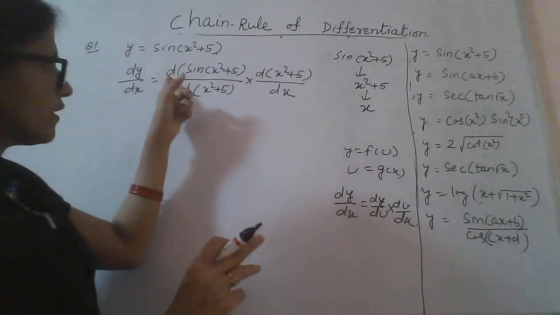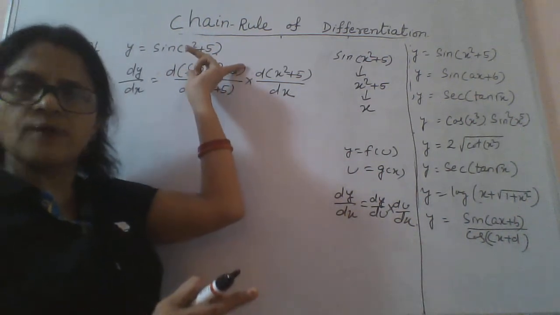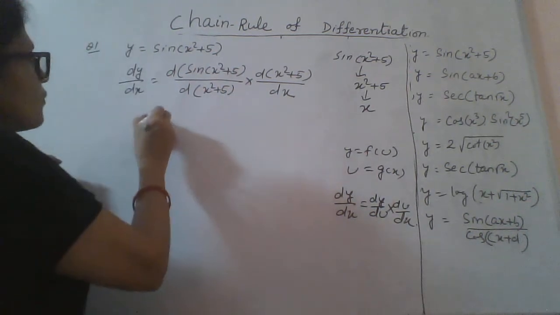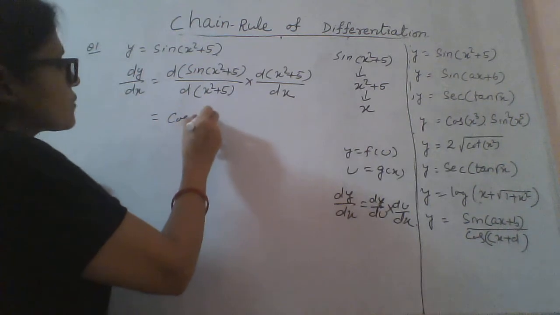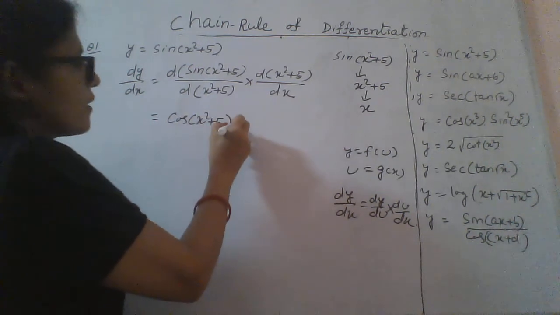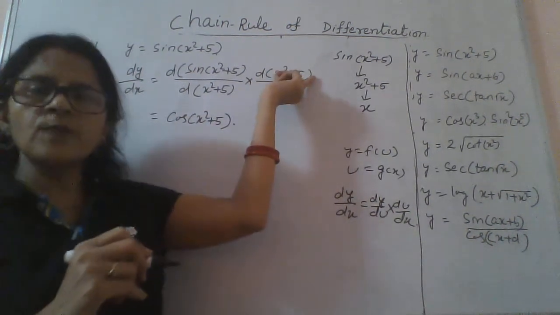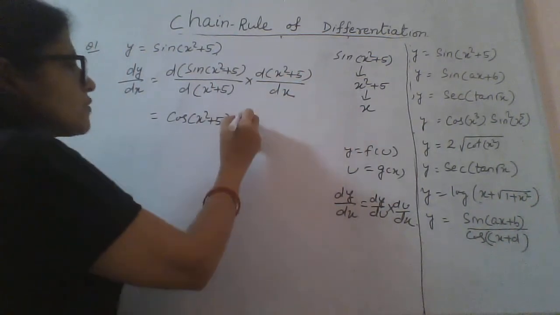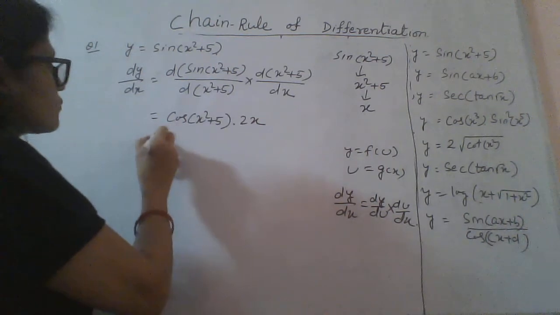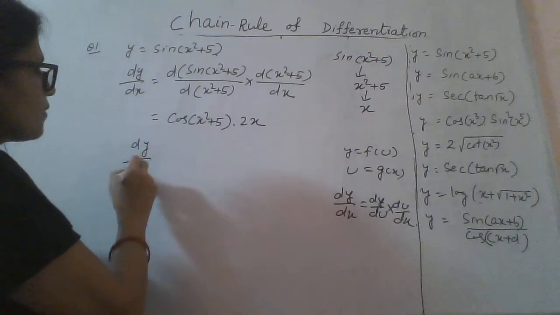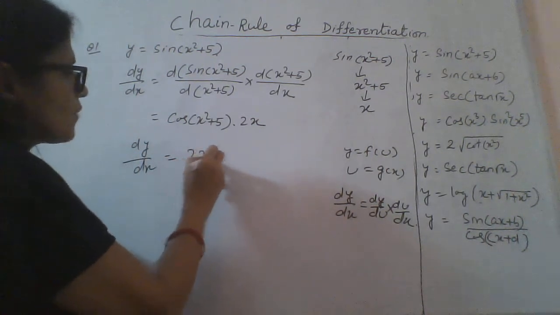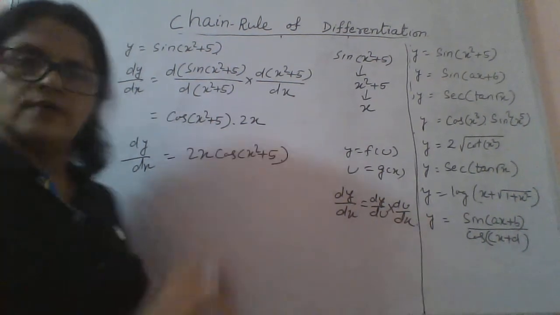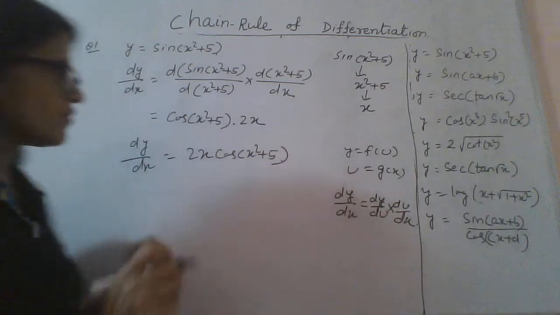Similarly, the derivative of sine of x square plus 5 with respect to x square plus 5 will be cos of x square plus 5, into the derivative of x square plus 5 with respect to x, which you know is 2x plus 0. So here it is 2x. So you are getting dy by dx as 2x into cos of x square plus 5. Clear? So, next, one more question.